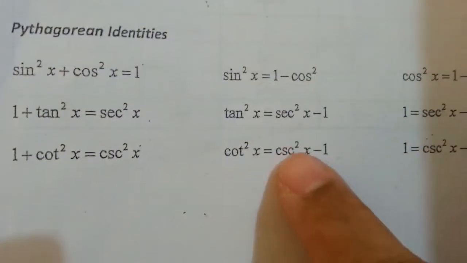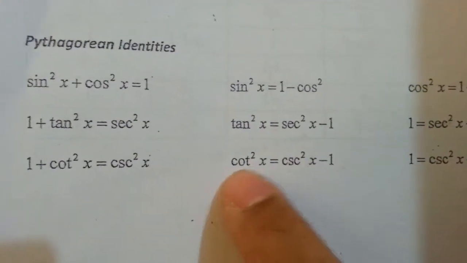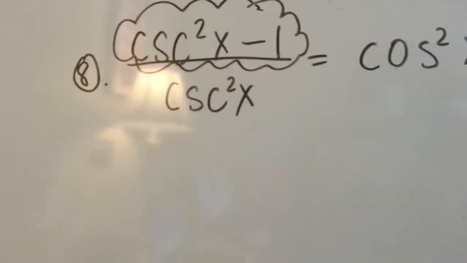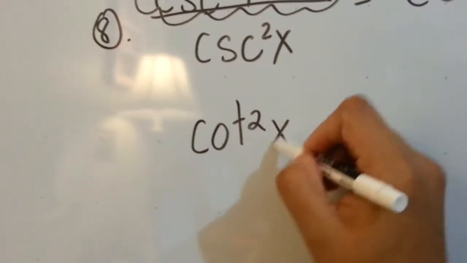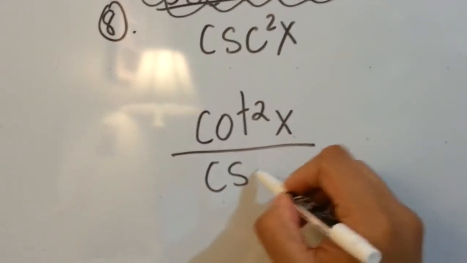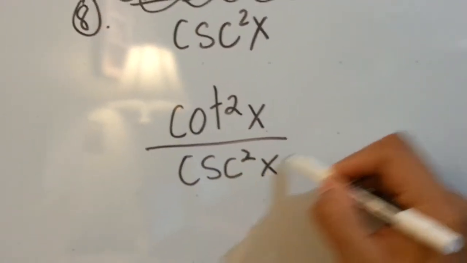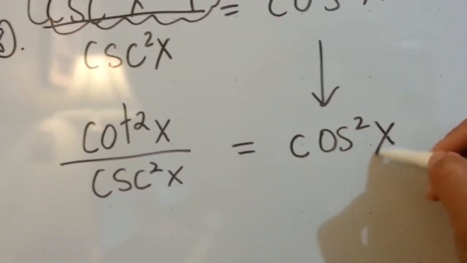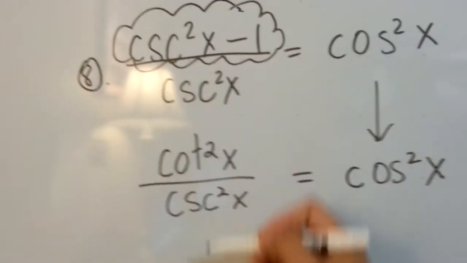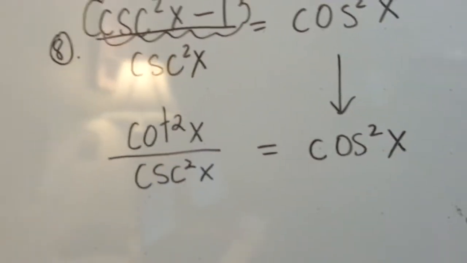You see right here, cosecant squared x minus 1 equals cotangent squared x. So we're going to replace this with cotangent squared x, and this is still over the cosecant squared x. And we're just going to bring this down and never really touch this side. What we're trying to do is get this side to equal this side.